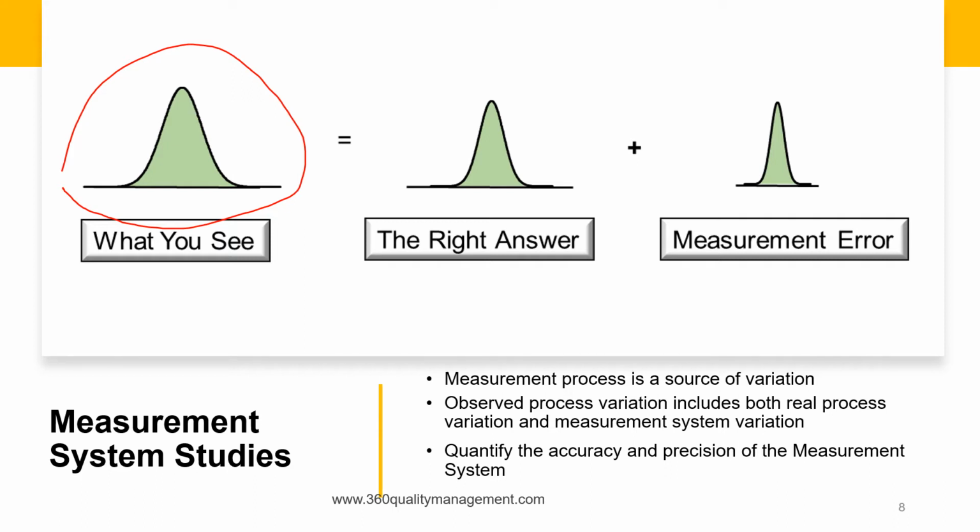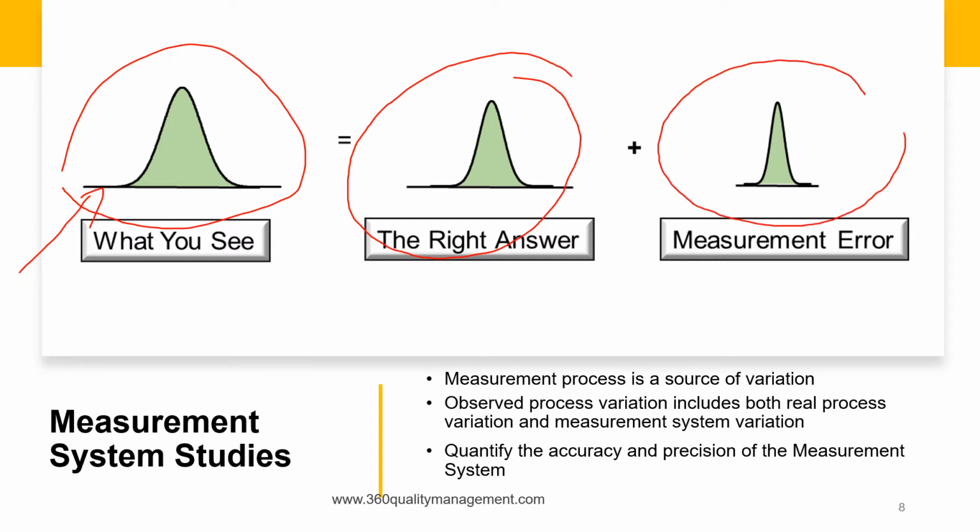And when we plot a chart, it is called observed process variation, which could include both the real process variation itself, which comes from the process inputs of man, machines, methods, materials, and even environment, and also the measurement error from the measurement process.